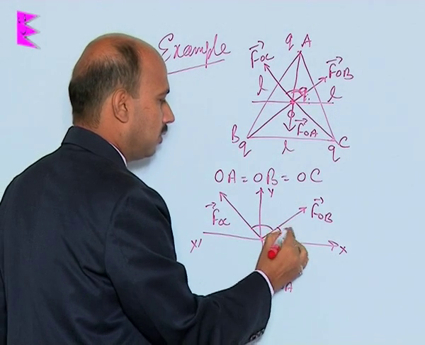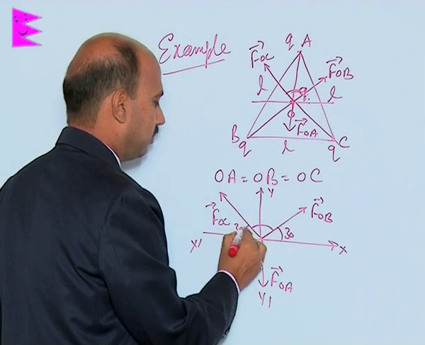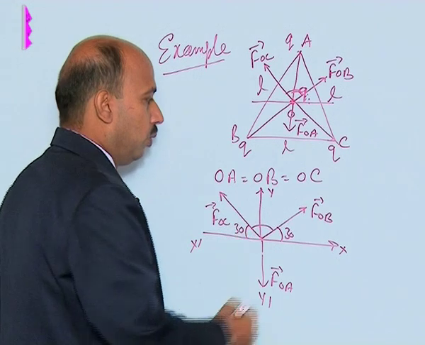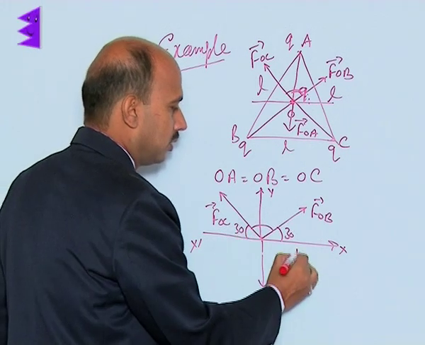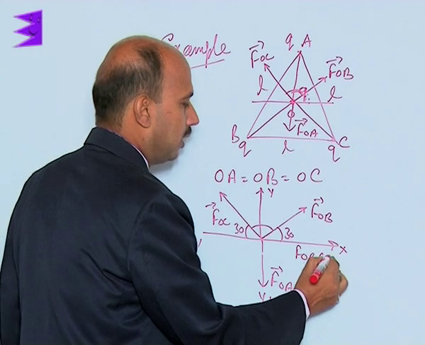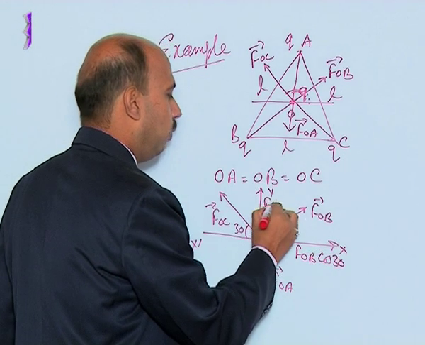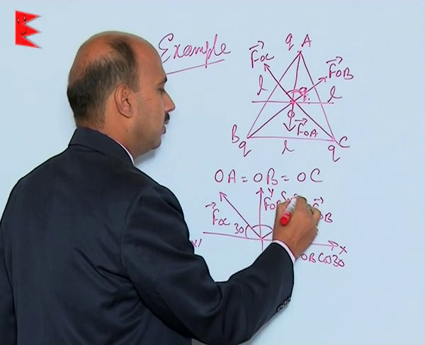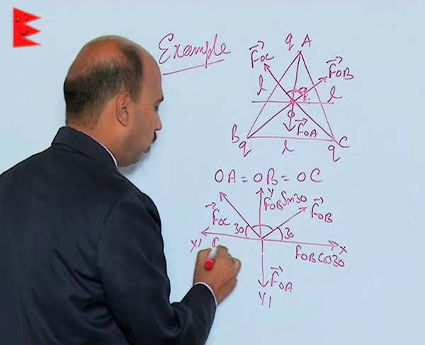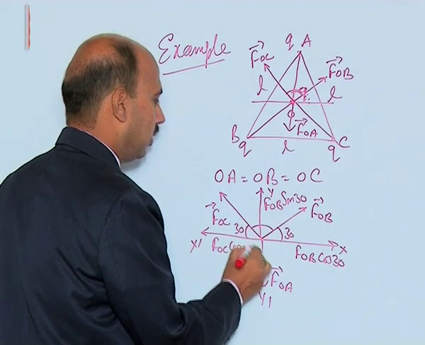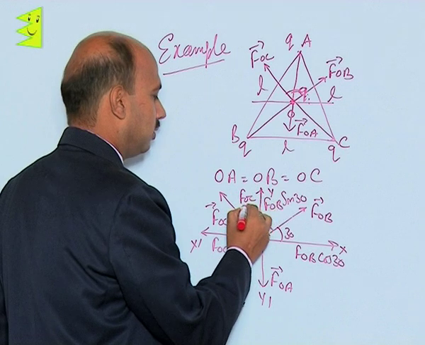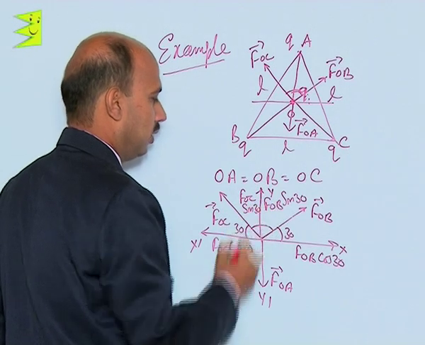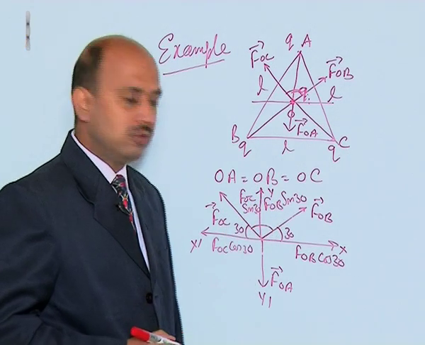So here this is 30 and this is 30. We can write its components: FOB cos 30, FOB sin 30, FOC cos 30 and FOC sin 30. These are the components of the forces.